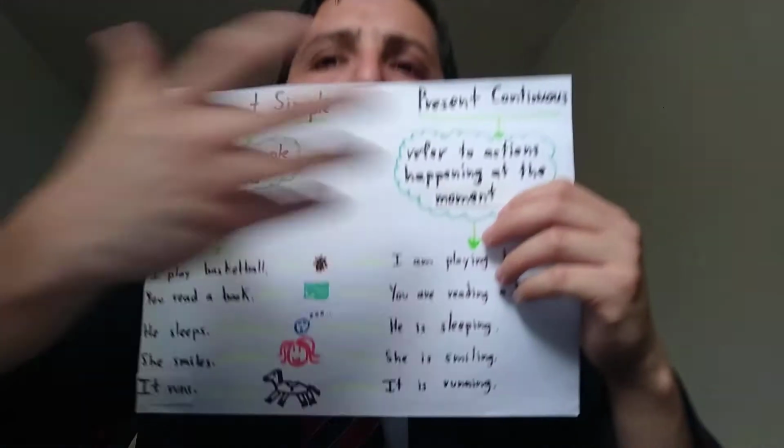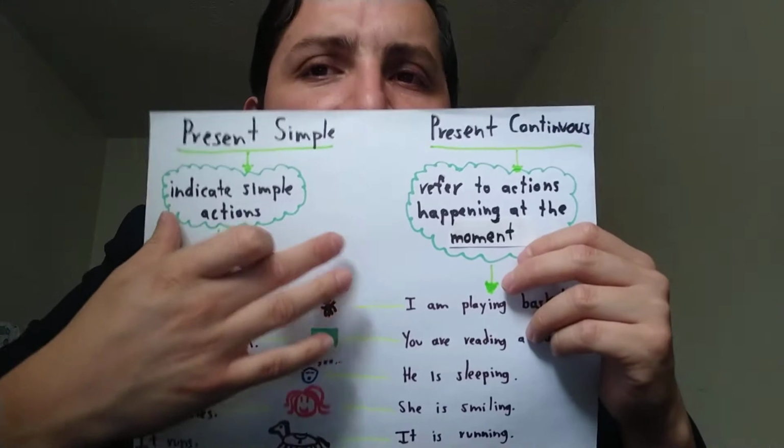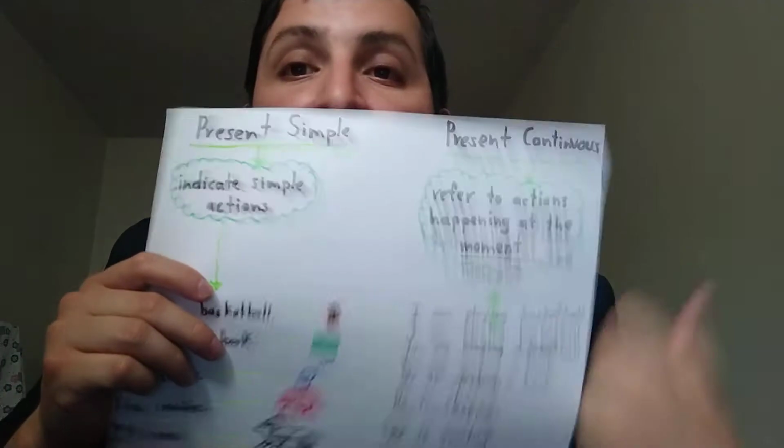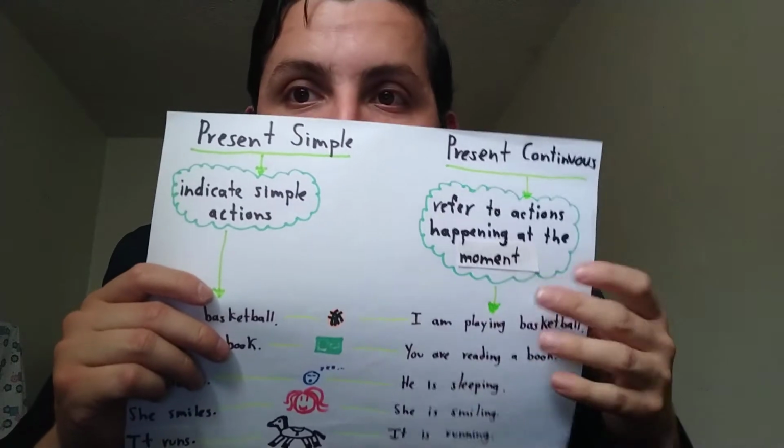But before I introduce to you the whole rule and formula for present continuous, we must establish something very important. What's the difference between present simple, something that we already know how to use, and present continuous, the new topic of today?